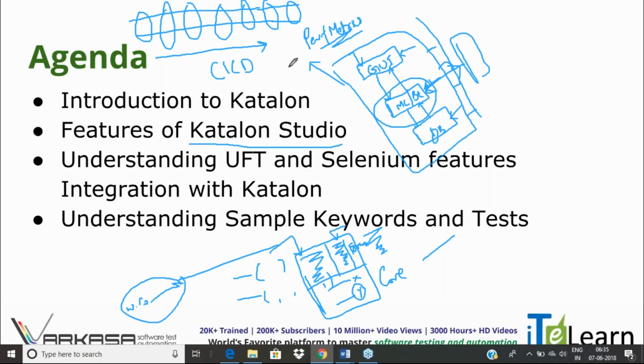And we all know the story of Git, like Microsoft bought it 2 days back. So this is one of the popular open source tools where people maintain all their code repositories. So we're going to look at how Katalon Studio can connect to Git, and whatever code we develop is going to be maintained in the central repository. That is what we're going to look at.